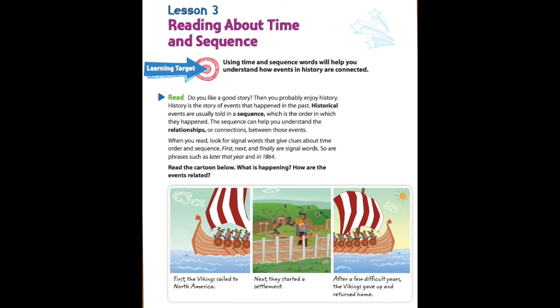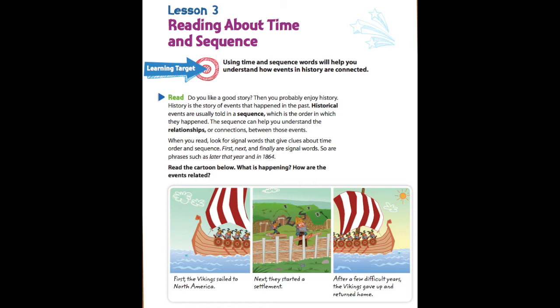When you read, look for signal words that give clues about time, order, and sequence. First, next, and finally are signal words. So are phrases such as later that year and in 1864, or a certain year.